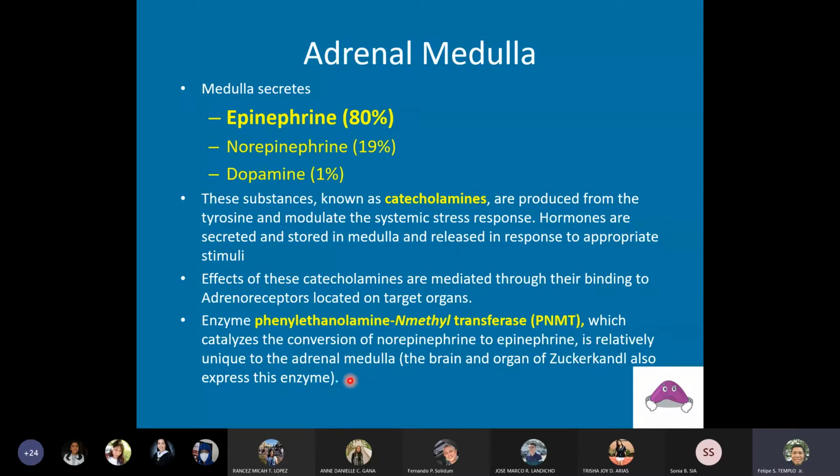But it is also present to some extent in the brain and the organ of Zuckerkandl. These are remnants of your adrenal medulla present outside the adrenal glands, usually at the bifurcation of your aorta. So take note of that enzyme.